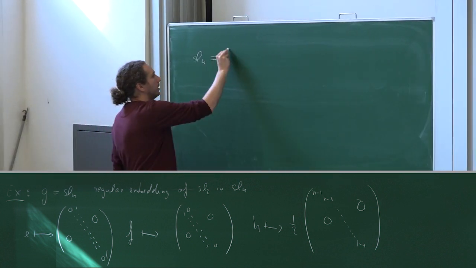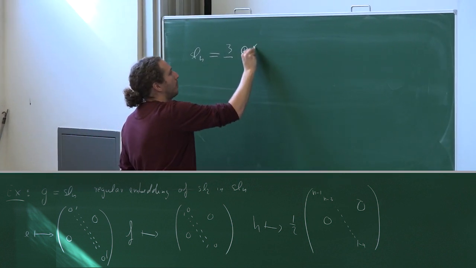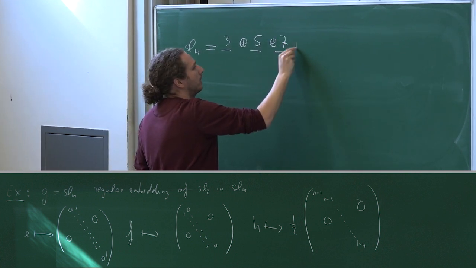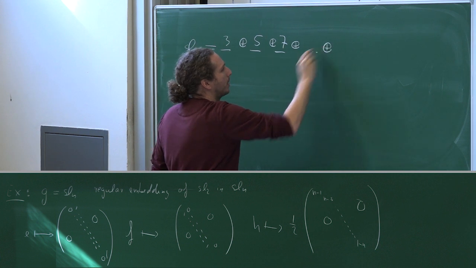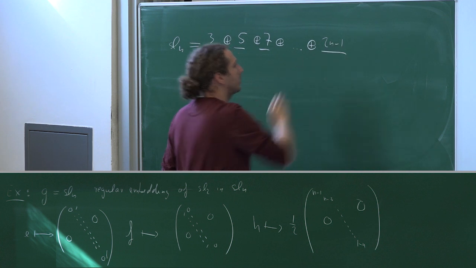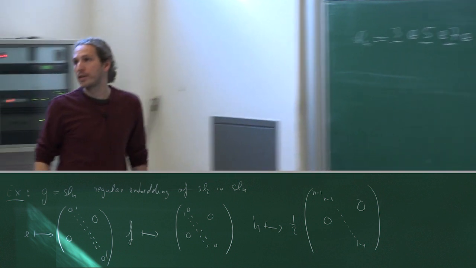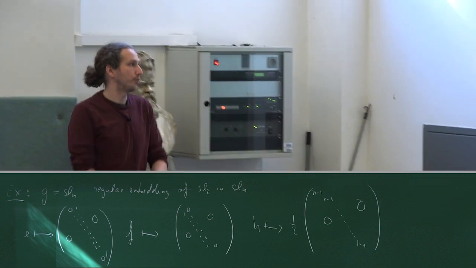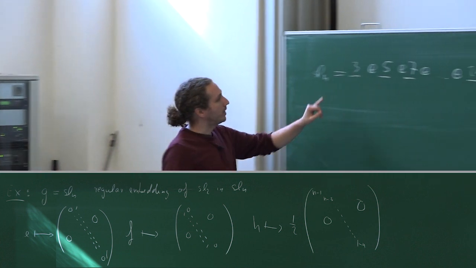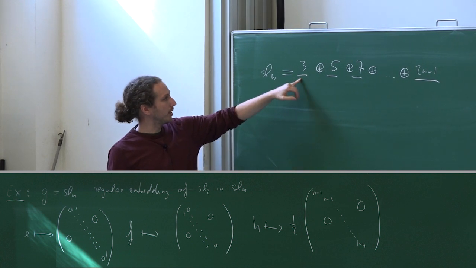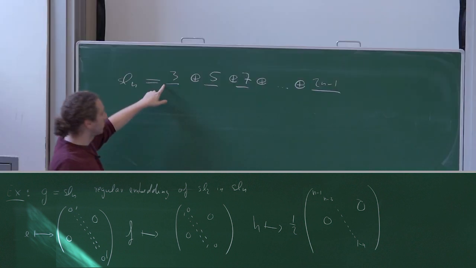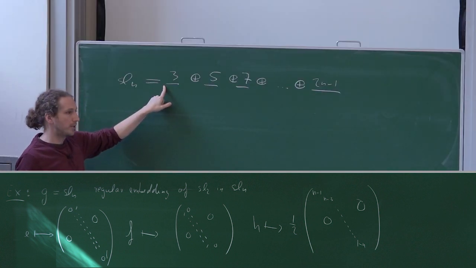It turns out it decomposes into the 3-dimensional representation plus the 5-dimensional plus the 7-dimensional and so on up to the 2n minus 1-dimensional representation. And one thing that quantum Hamiltonian reduction gives you for free is then the type of W-algebra you get, because for each irreducible SL2 representation appearing in G, you have precisely one strong generator corresponding to the lowest weight vector of this representation.